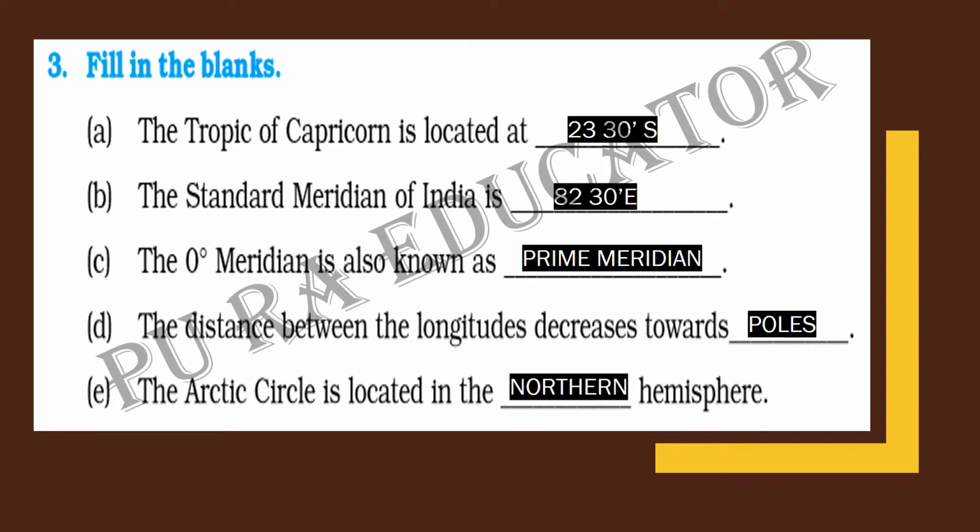Second is, the standard meridian of India is 82.5 degree east, which passes through Naini in Allahabad. Third question is, the zero meridian is also known as prime meridian. The distance between the longitudes decreases towards the pole. As I have mentioned, the distance between the longitudes decreases as we move towards the pole. Last question is, Arctic Circle is located in the northern hemisphere.